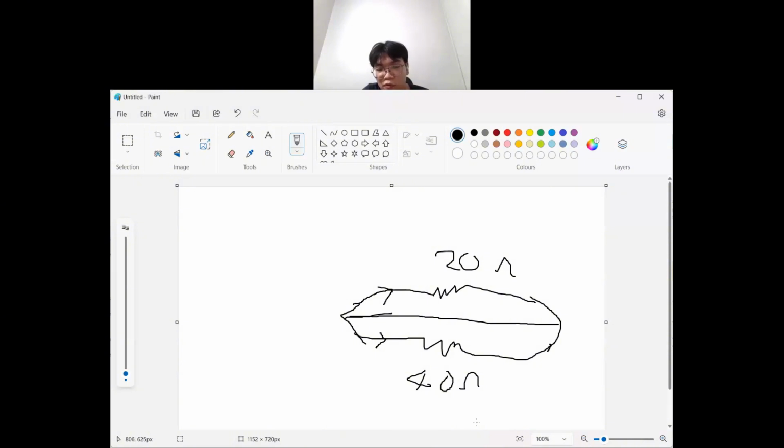The current will flow through the circuit that has lower resistance. So all the current will go through the short circuit. So there is no current flow to the 20 ohm resistor and 40 ohm resistor. So both of them are 0 volt, 0 ampere.